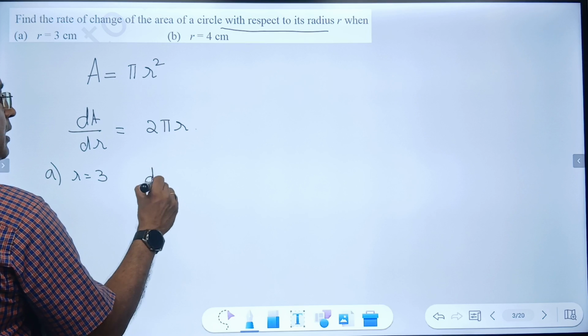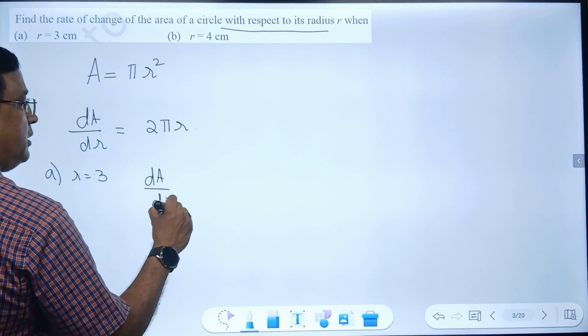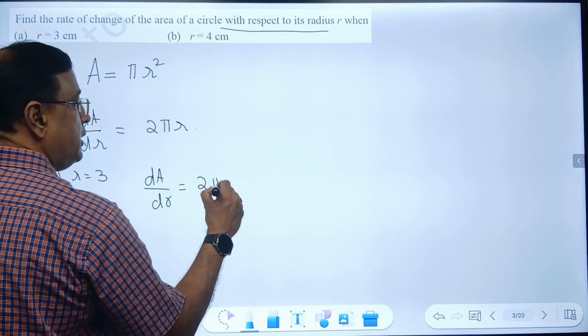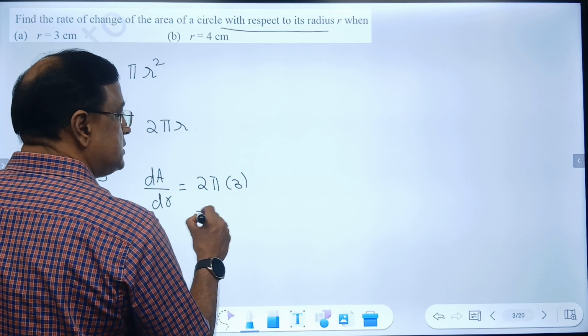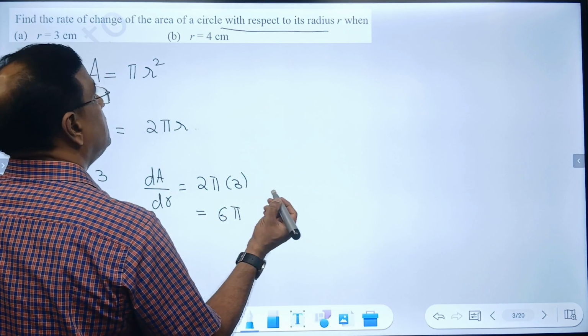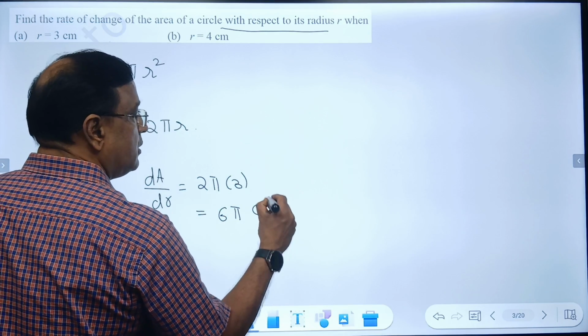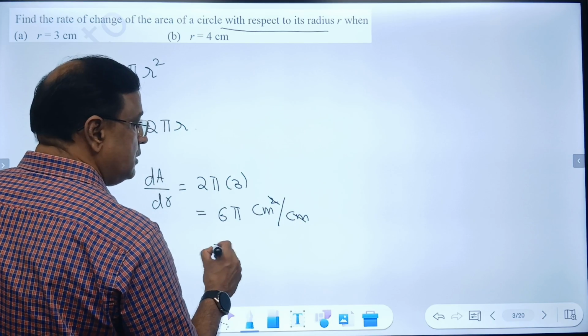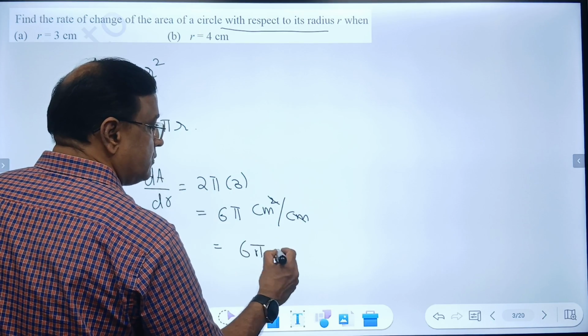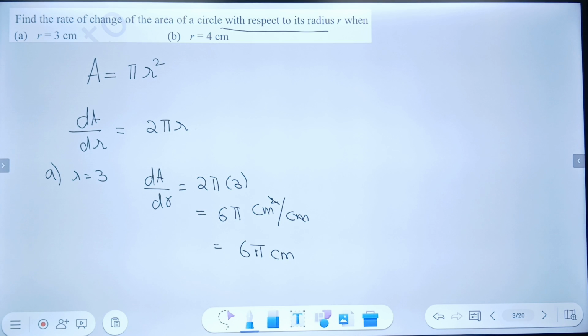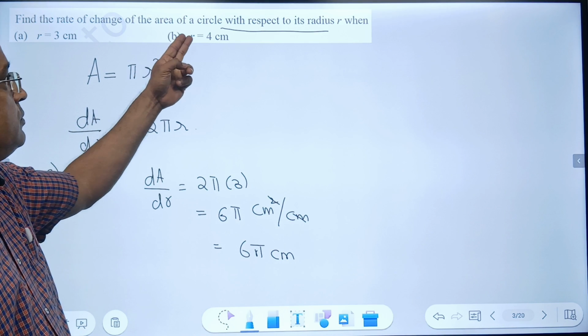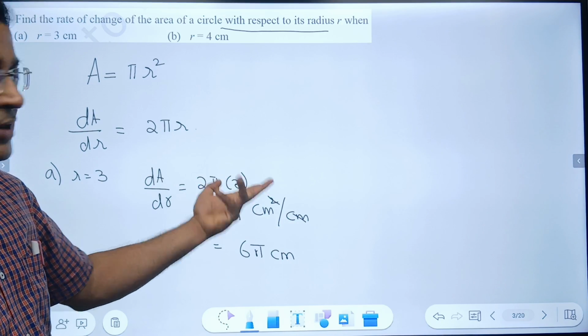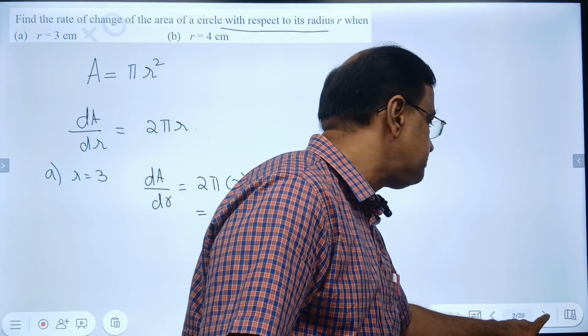So dA by dr will be 2 pi into 3. So the answer is 6 pi. I think the unit is centimeter square by centimeter. Both are centimeters, so one gets cancelled. So the answer is in centimeters. Now for the second subdivision, in place of r you put 4. That's all. I don't think it's difficult.